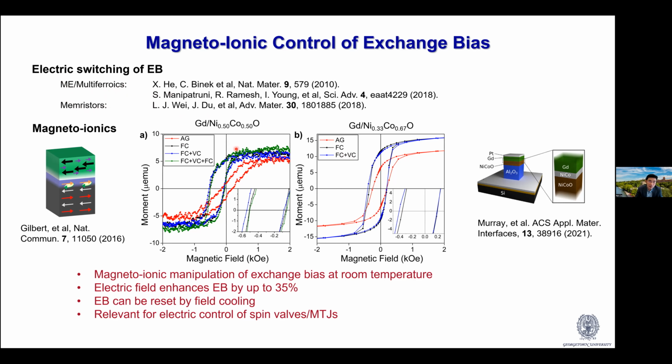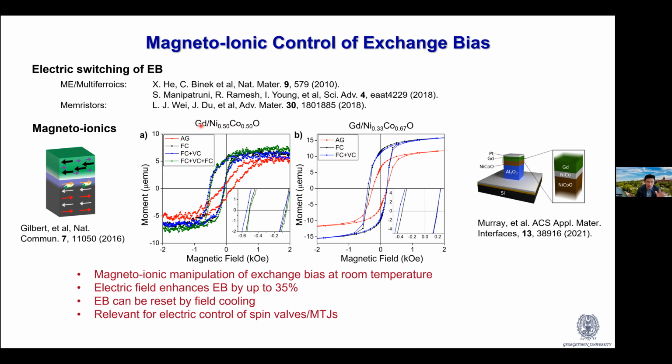So this was our recent study following up on the earlier one we did on gadolinium iron nickel cobalt oxide. And in this most recent study, we explored gadolinium and nickel cobalt oxide. So here at room temperature, neither one of these components is ferromagnetic.